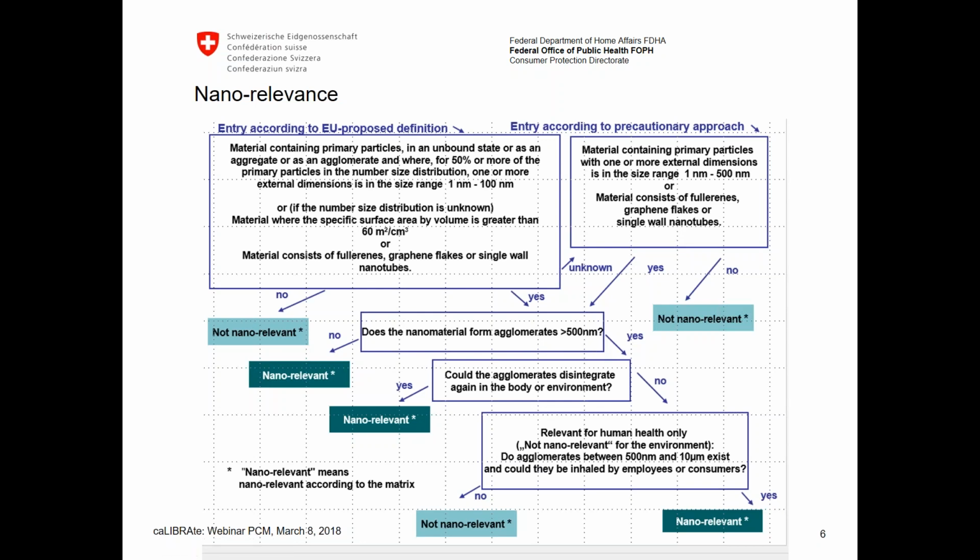If this is no, then of course it's non-relevant. If yes, then another question will be asked: could these agglomerates deintegrate into primary particles again? If yes, it's non-relevant. If no, the last question is asked, but this is true only for inhalable particles between 500 nanometers and 10 micrometers.